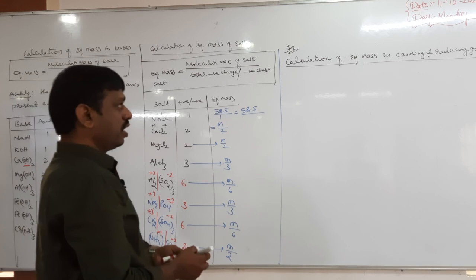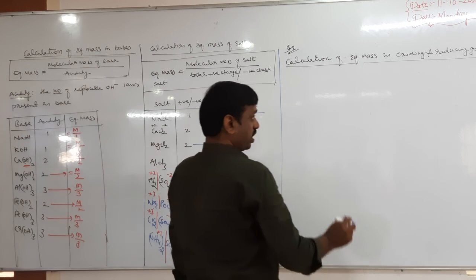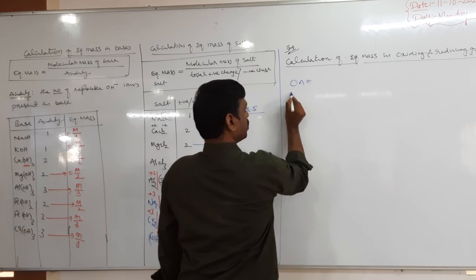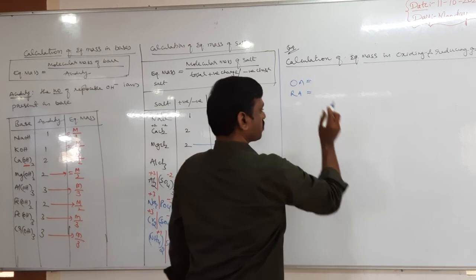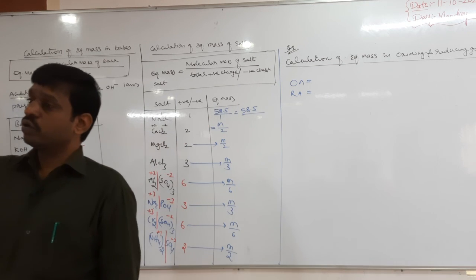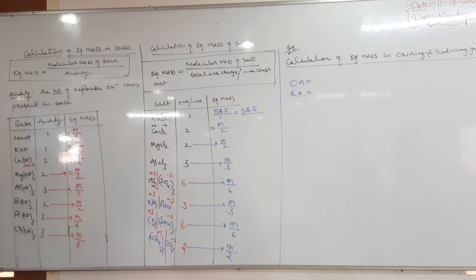How do you calculate equivalent mass in oxidizing and reducing agents? Can you tell me first what is an oxidizing agent and what is a reducing agent? Oxidizing agent itself undergoes reduction. What is reduction? Gain of electron. Loss of electron is oxidation.